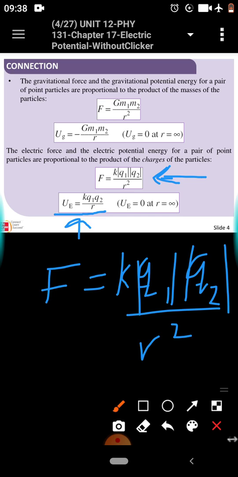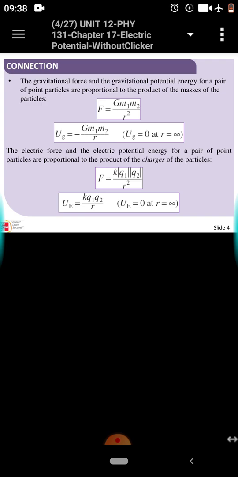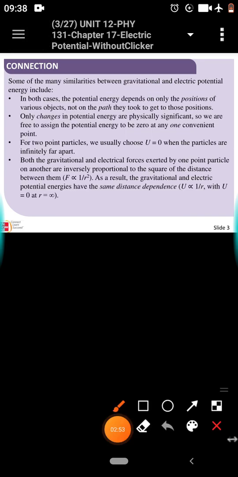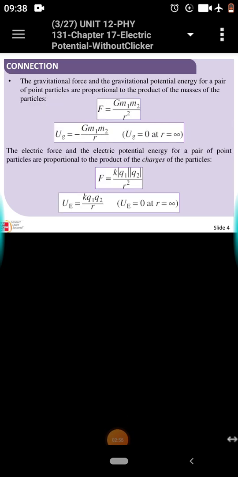So at the end, we will have the direction of the force. But in this case we are talking about a scalar.